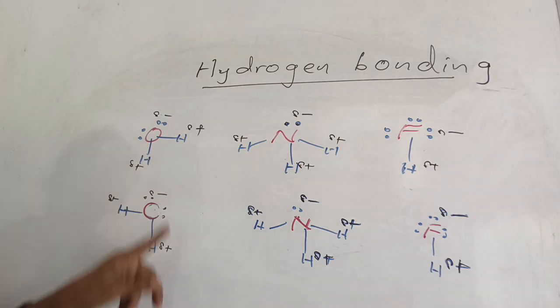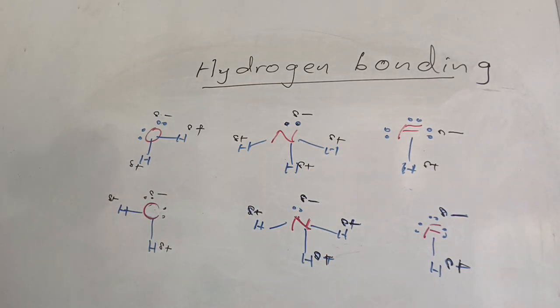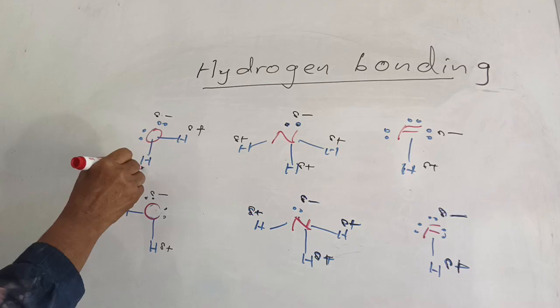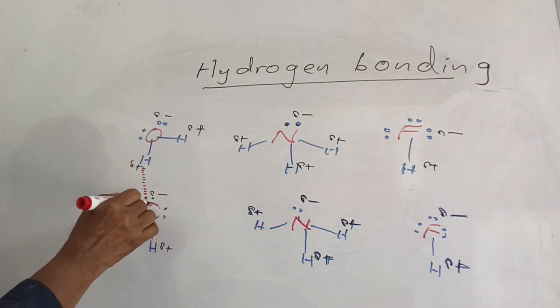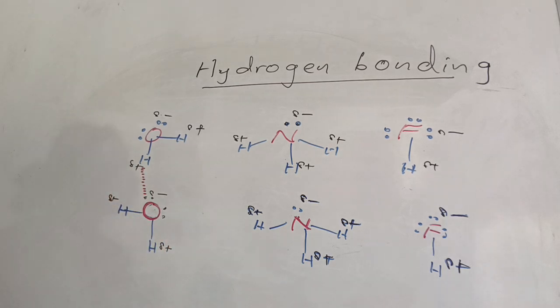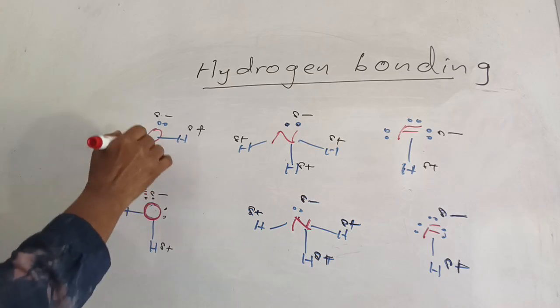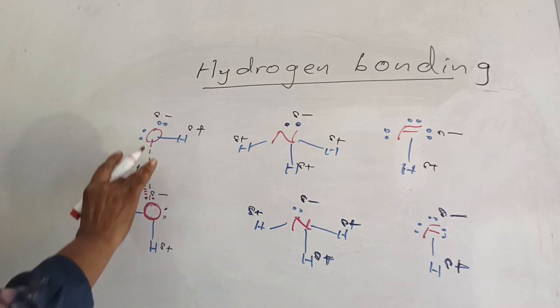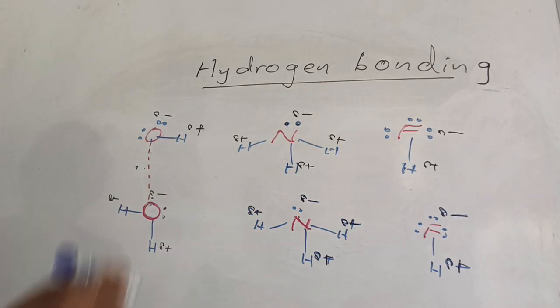We'll see now how the hydrogen bonding arises between ammonia molecules, between water molecules, as well as between hydrogen fluoride molecules. I have drawn two molecules of water here, two molecules of ammonia, two molecules of HF. You can see the lone pairs of electrons, and this delta positive hydrogen is being attracted by the lone pair of electrons on this slightly negative oxygen, because oxygen is more electronegative. The bond angle here is 180 degrees, and the hydrogen atom should be directly attached.